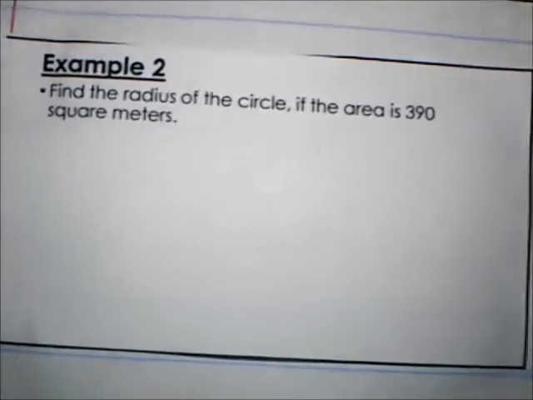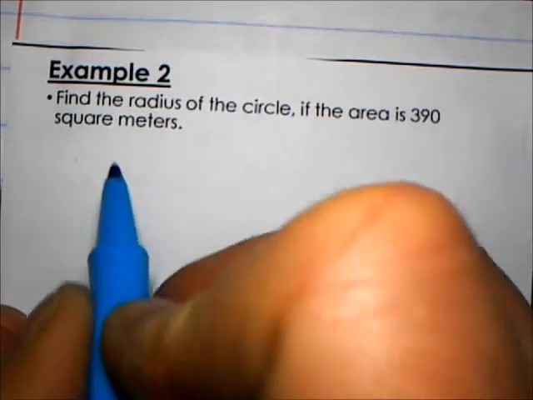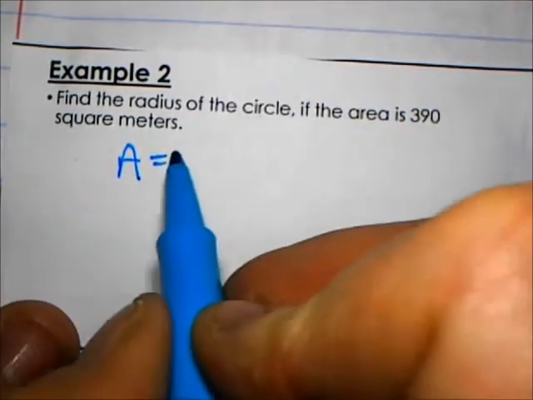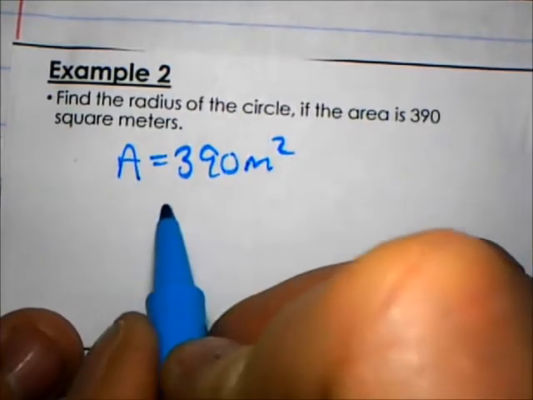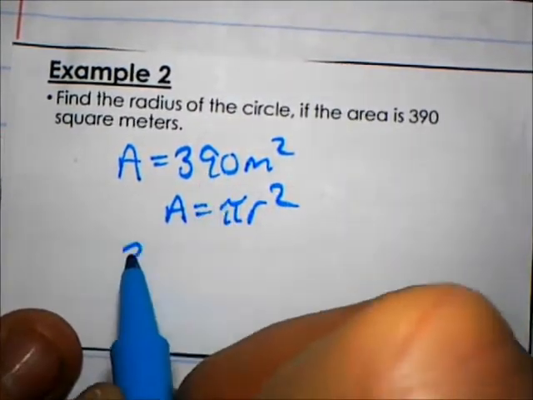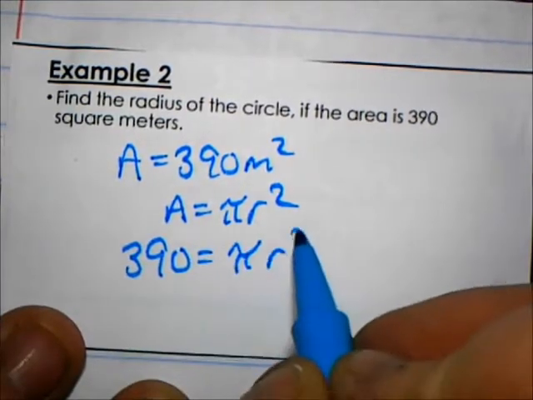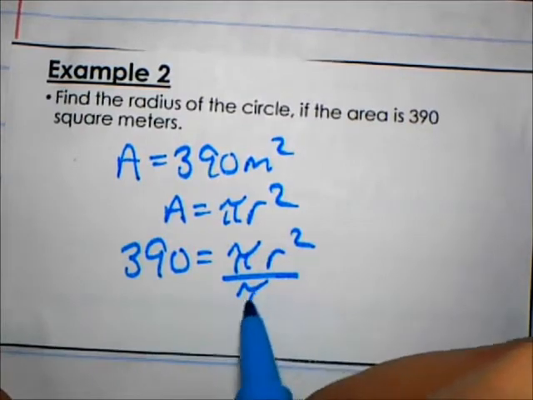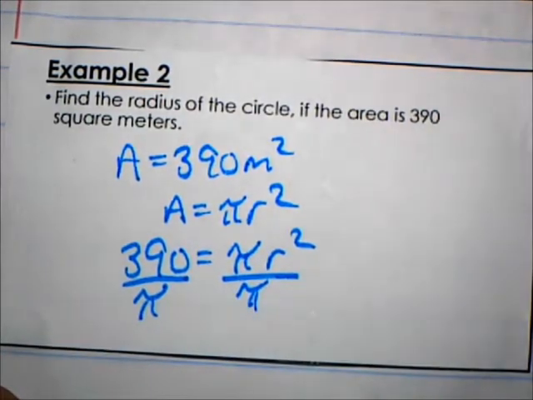Okay, example 2 says we want to find the radius if the area of the circle is 390 meters squared. So if I relate back to my area formula of a circle, I'm going to plug in the 390 equals pi r squared. I'm going to get rid of pi by dividing, and realize I want to divide by actual pi and not 3.14.